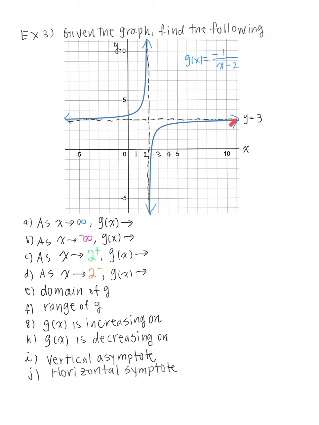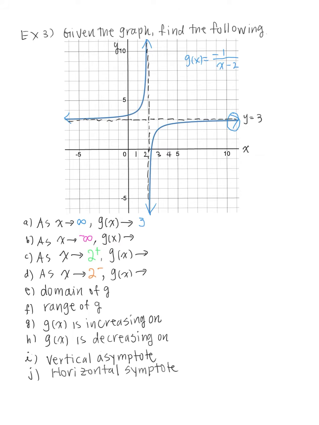So here, as x goes to positive infinity, g of x is going to 3. I'm purposely using different colors here so that you understand which tail end of the graph we're analyzing. What we just did was analyze this tail end here.